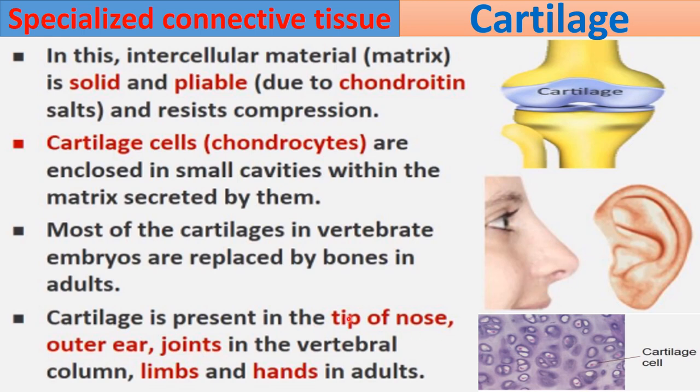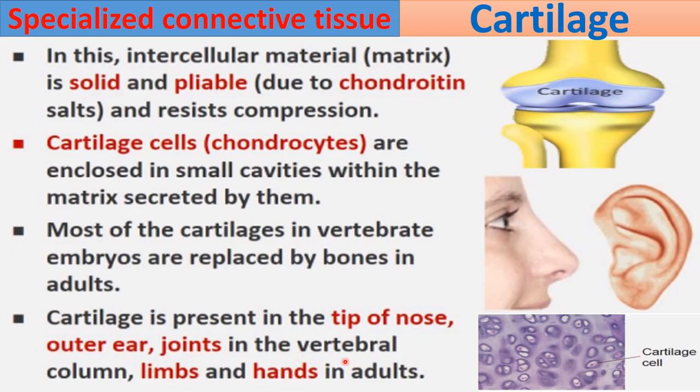It is present in the outer ear, meaning the pinna. It is also found in joints of the vertebral column. In the vertebral column, many vertebrae are present, and there is a need to join them, so in between those vertebrae cartilages are found.